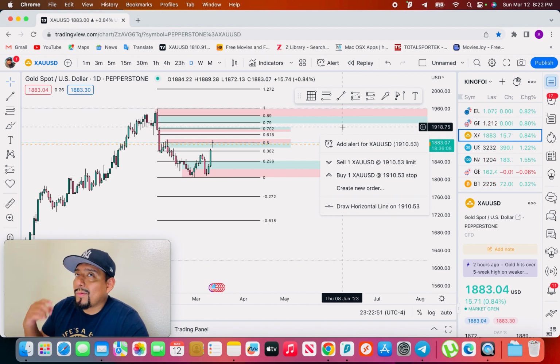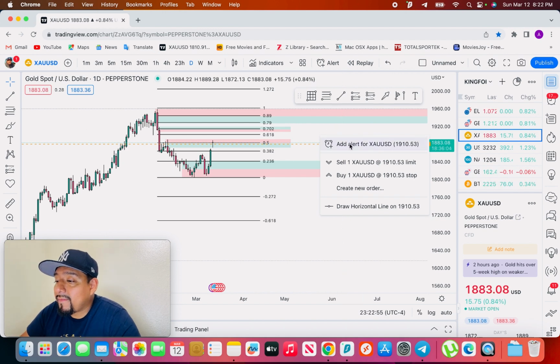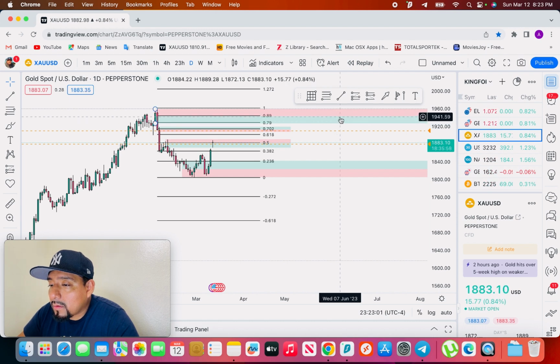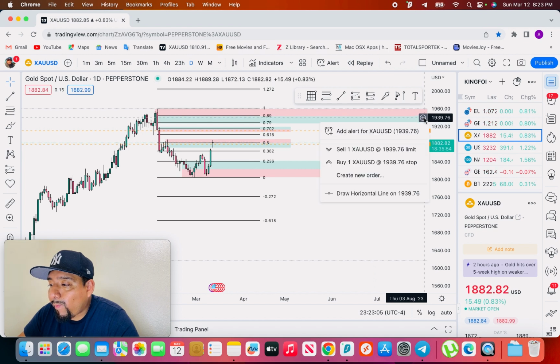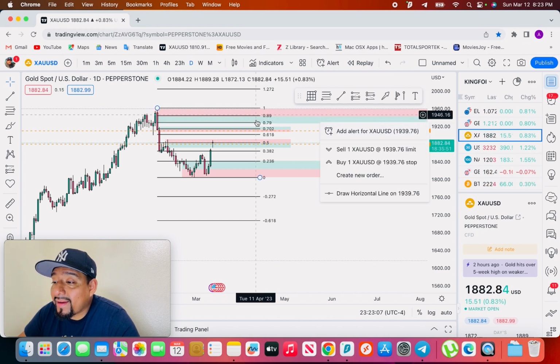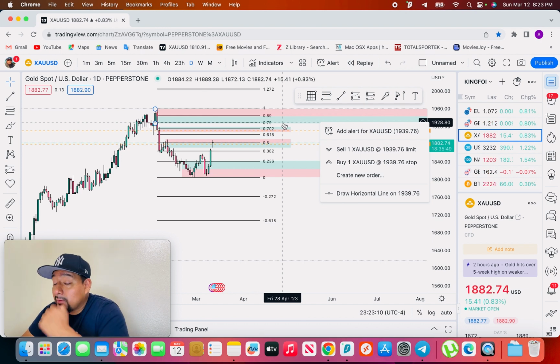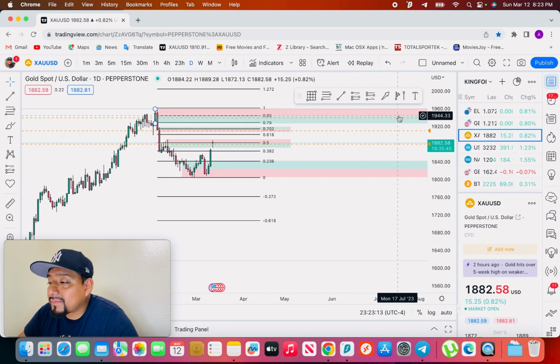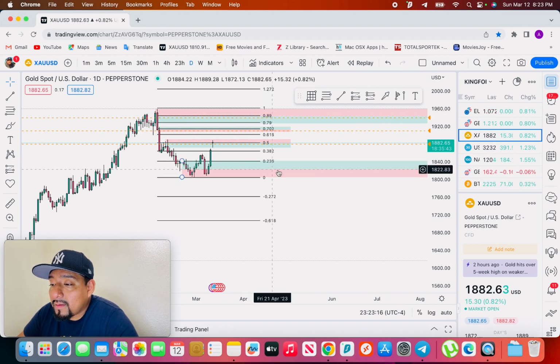So once it reaches that level, I know, ding, I have to look out for that. And then press right here. This is a premium right here. Premium. Talking about big pips.